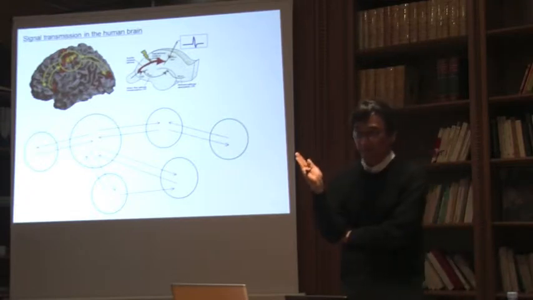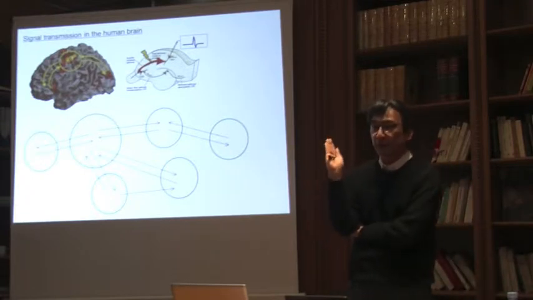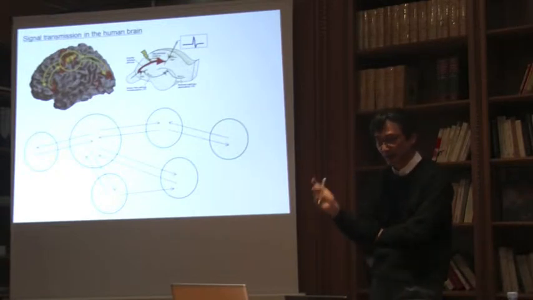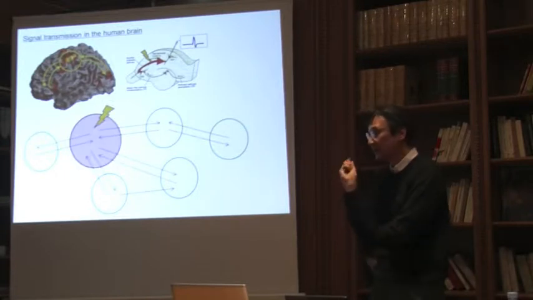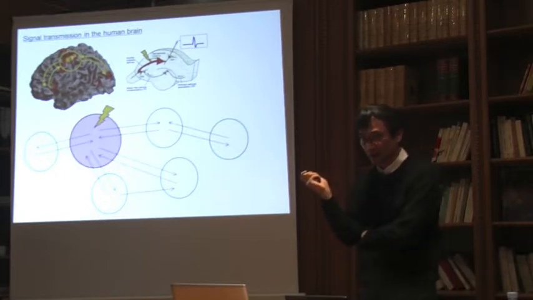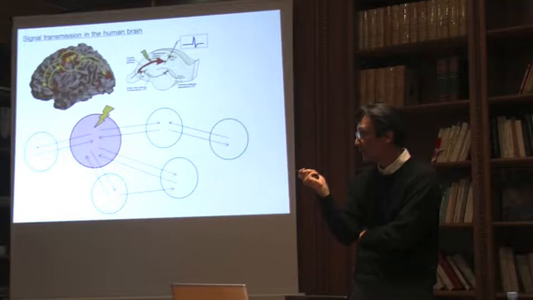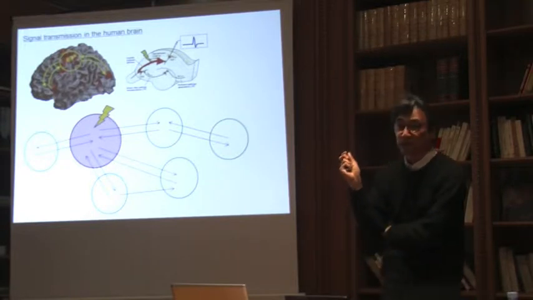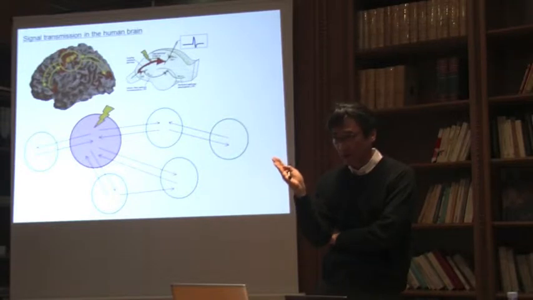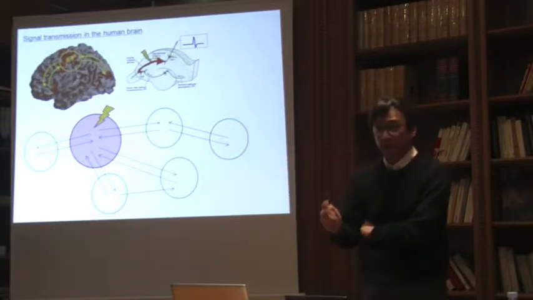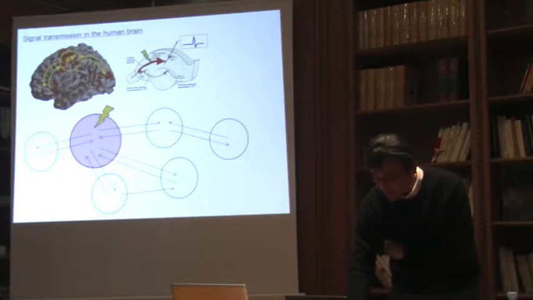In the human brain, we have only a very crude method to stimulate the brain, which is the TMS. And this technique stimulates millions of neurons under the coil. And we have very crude technique to record the evoked potentials. We have very poor temporal and spatial resolution.